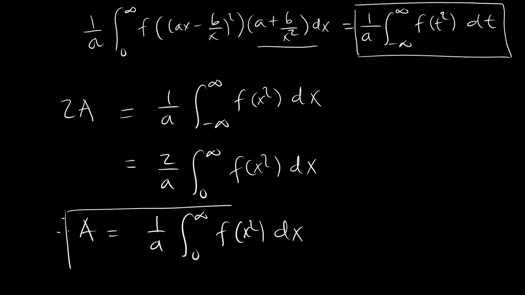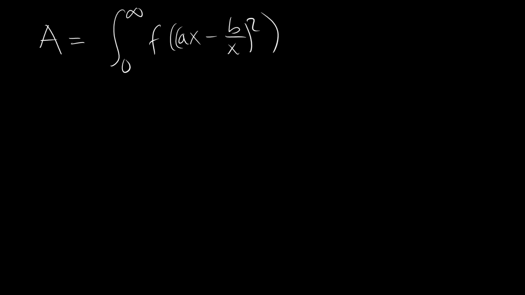So we have really proven our integral there. We can now say reliably that A, being equal to the definite integral from 0 to infinity of f of (ax − b/x) squared dx, is equal to 1 over a times the integral from 0 to infinity of f(x squared) dx.